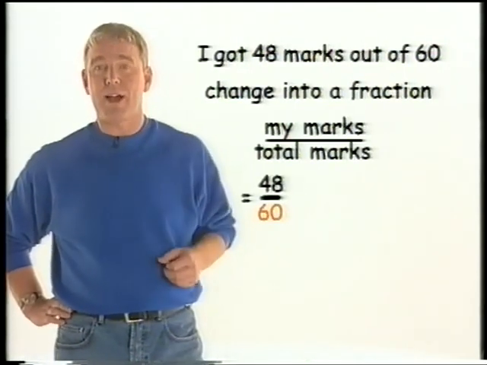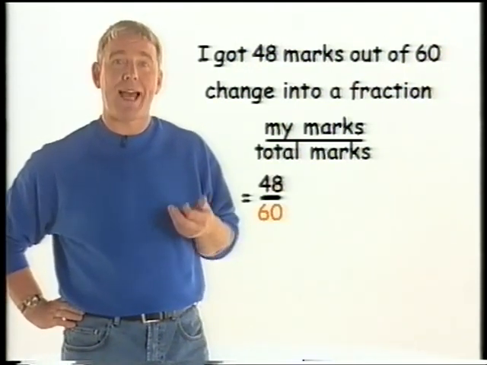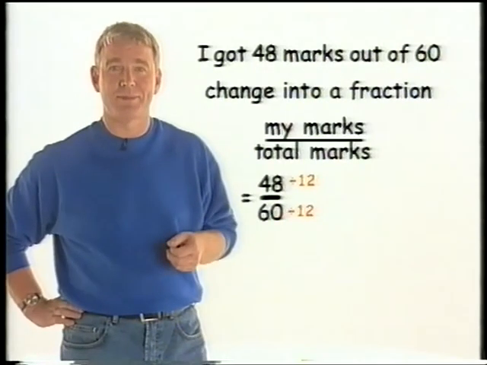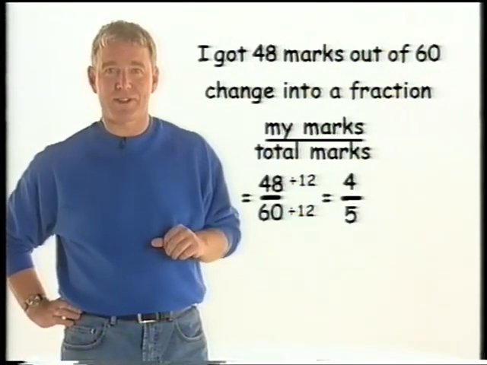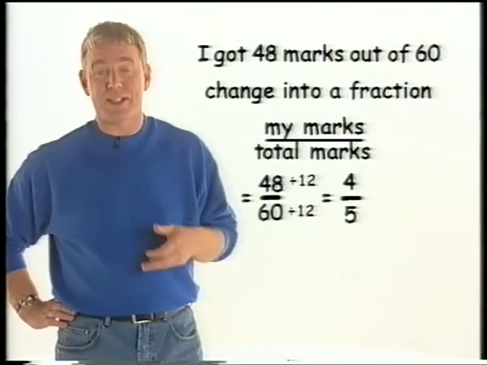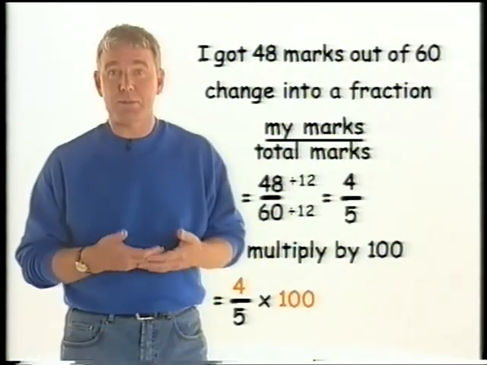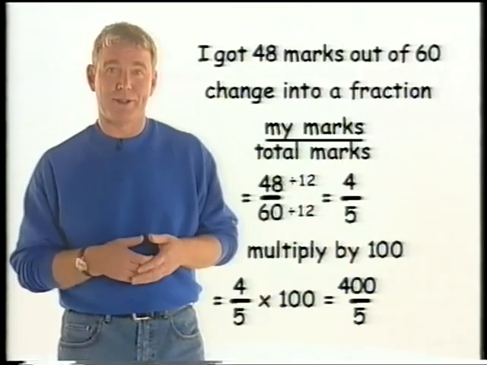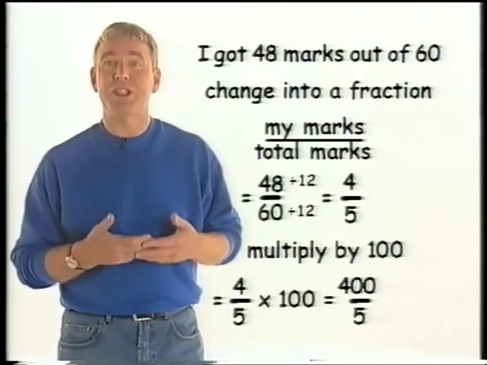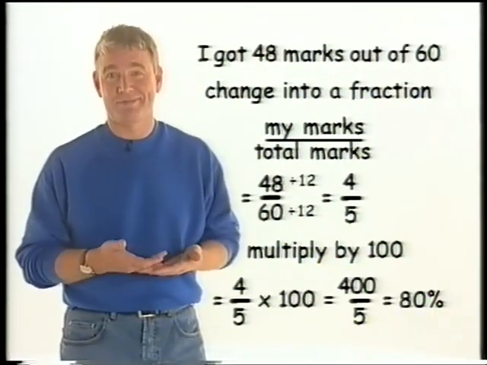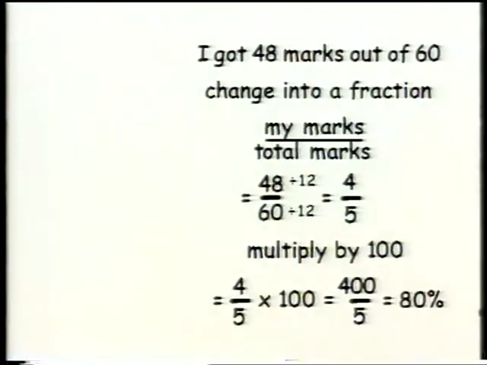First, simplify the fraction by dividing the top and bottom by 12 to make it 4/5. To turn the 4/5 into a percentage, multiply it by 100. That's 4 times 100, 400, divided by 5, which is 80%. Not bad for a maths test.